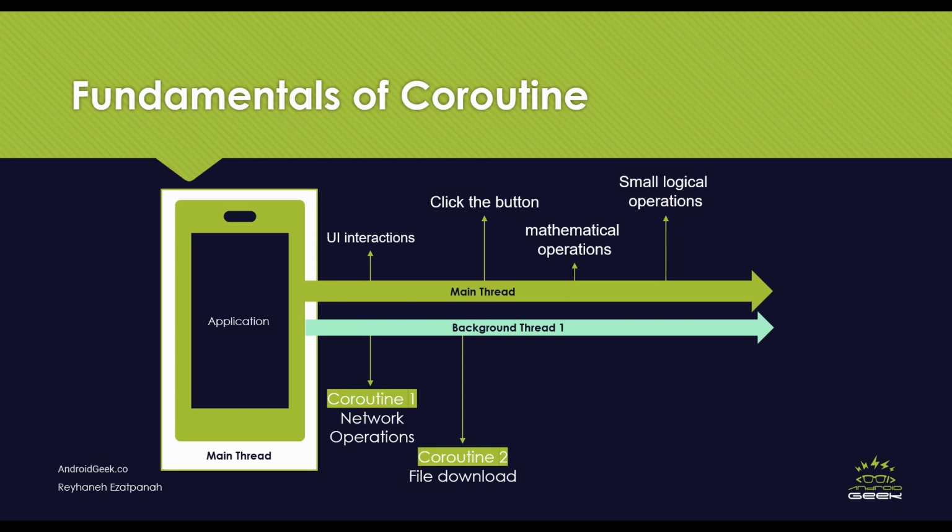Launch another one to perform upload or download of a file. Launch more for loading an image from a server. We can also have multiple coroutines perform different tasks. You can perform so many heavy tasks with the memory consumption of one background thread. And this is what a coroutine does.